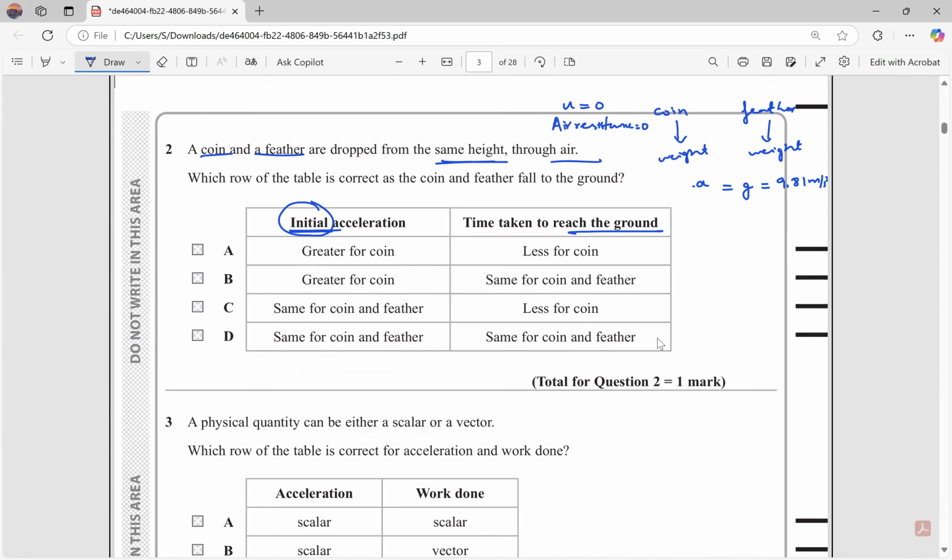You can only say that this acceleration is there because air resistance is zero, and also because they said initial, right? But as the coin and feather fall down, their acceleration will change because air resistance will come into play. So it's something from option C or option D.